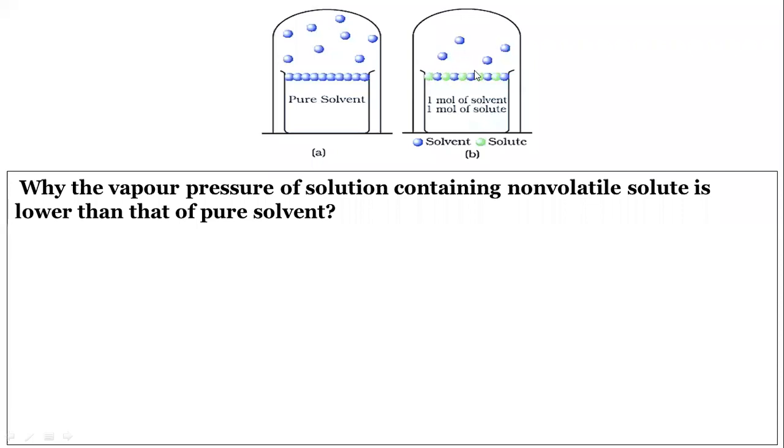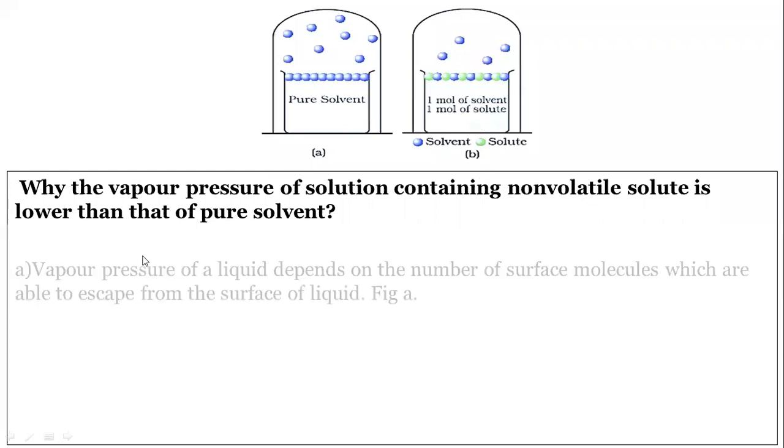So it will not evaporate. See, the dots shown here, 1, 2, 3, 4 dots only, are the vapor particles. In figure A we can clearly see the vapor pressure will be more because evaporation is more, and in figure B vapor pressure is less because the entire surface is not available for evaporation. So always remember the vapor pressure of pure solvent is always higher than the solution containing non-volatile solute.